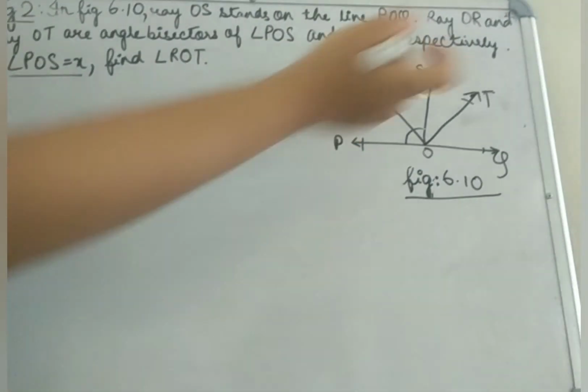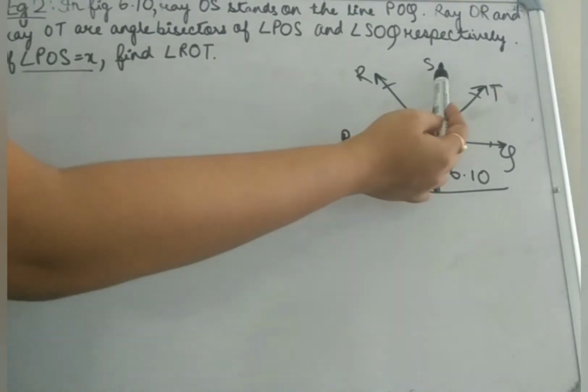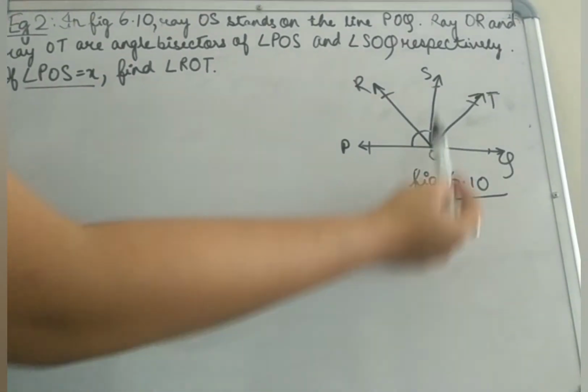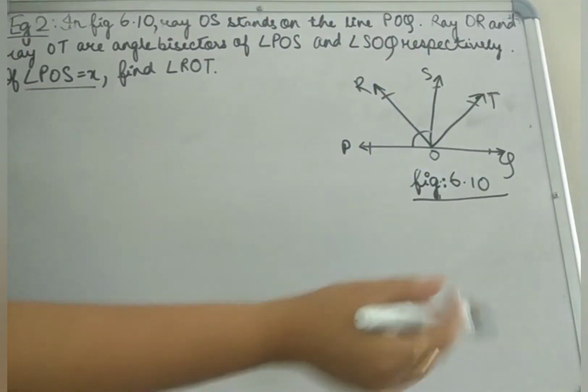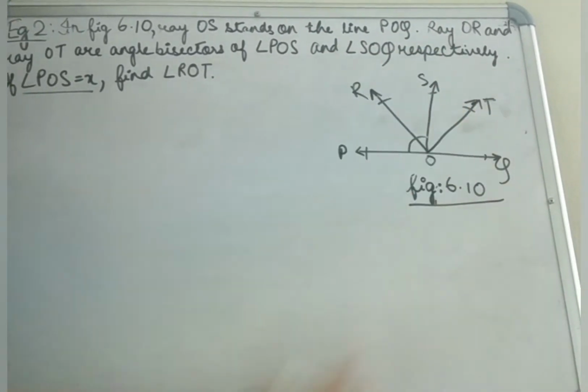Since it is given that ray OR is the angle bisector of angle POS, an angle bisector means that this ray will divide the whole angle into two halves.